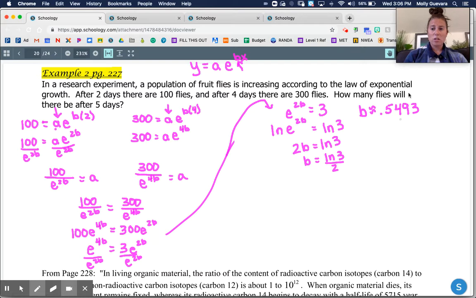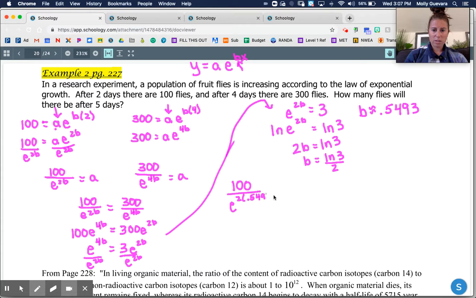So I'm going to take my exact b value and plug it in for one of these two equations. And I like this one because the numbers are smaller. So I'm going to take 100 over e to the 2 times b. Well, b is 0.5493.